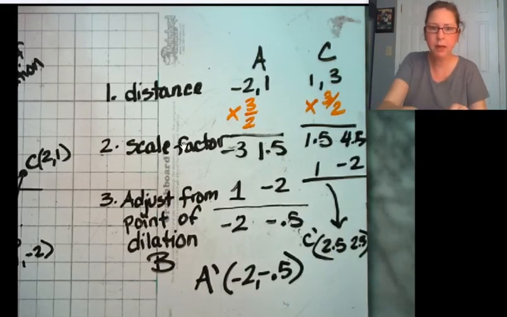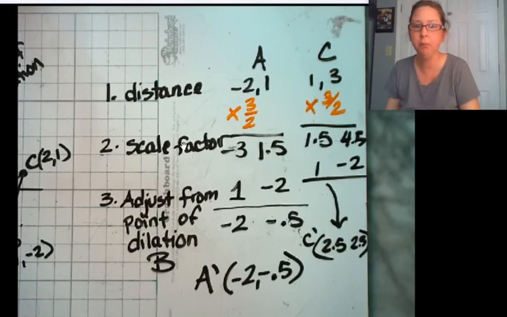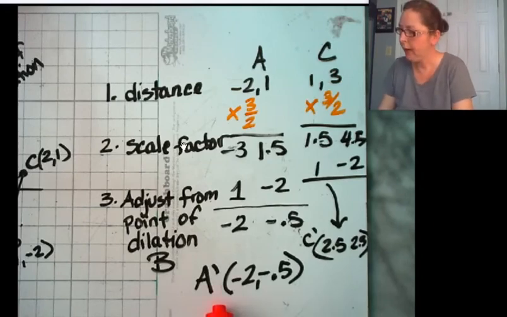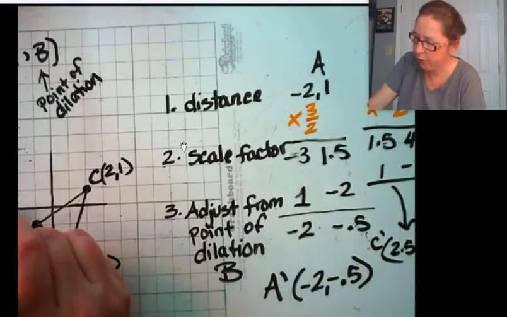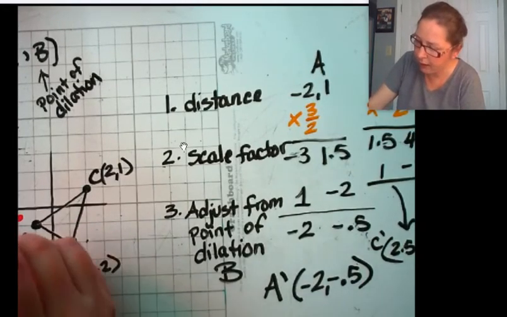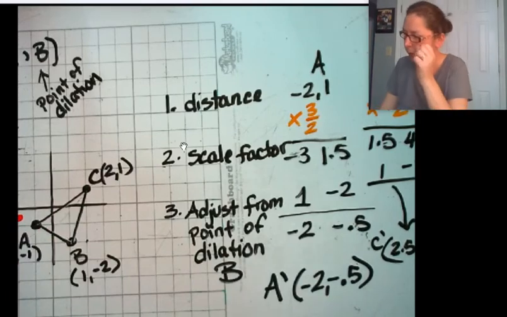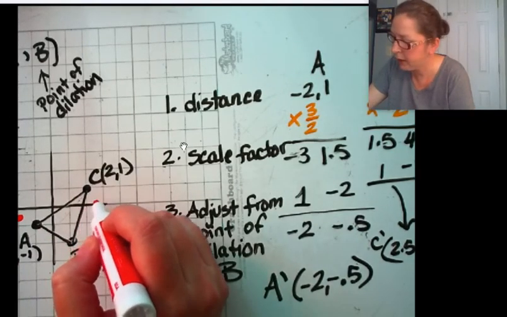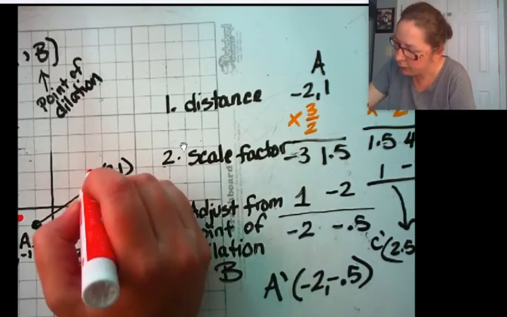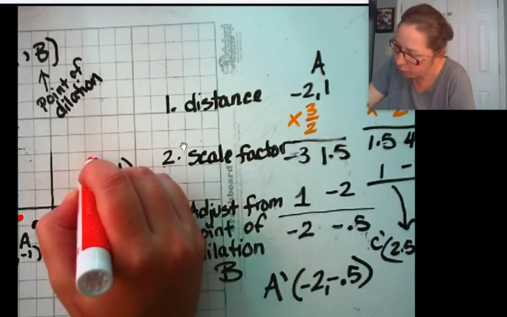Okay, so let's go ahead. I'm going to use red, and I'm going to plot these points now. So A is going to be at negative 2, negative 0.5. And then C is going to be at 2.5, up 2.5.